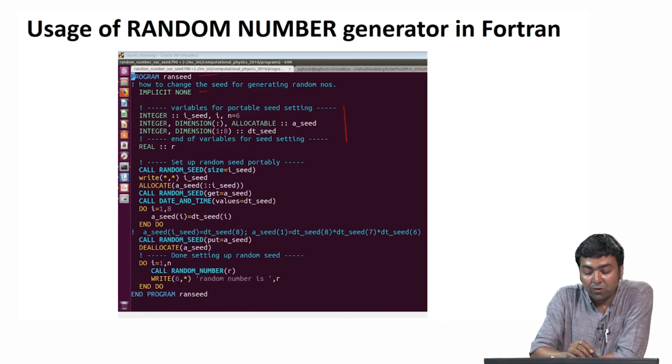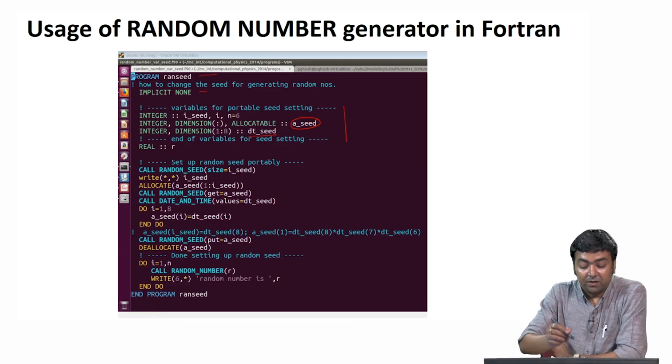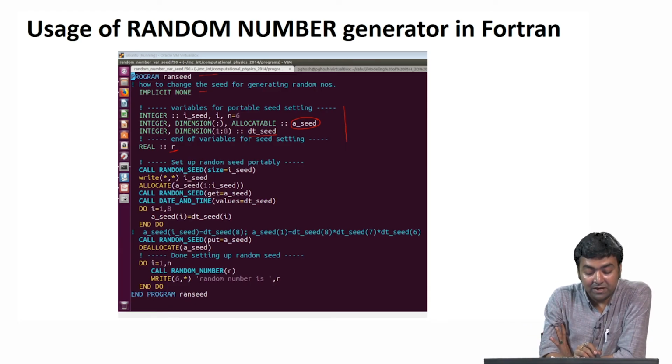Then I have 2 integer arrays, one allocatable array a_seed, and another pre-allocated array of dimension 1 to 8, called dt_seed. And then I have a real variable r, which gives me my random number.